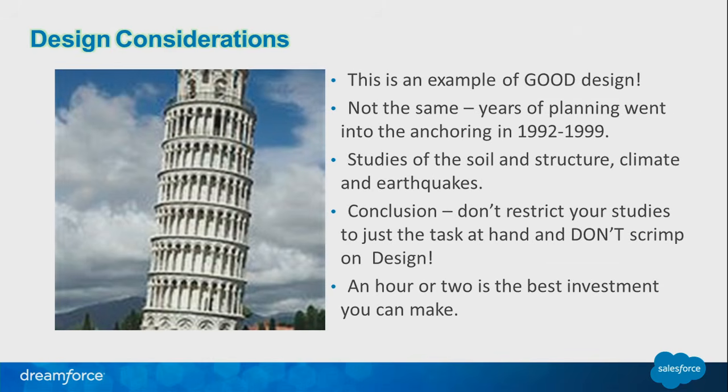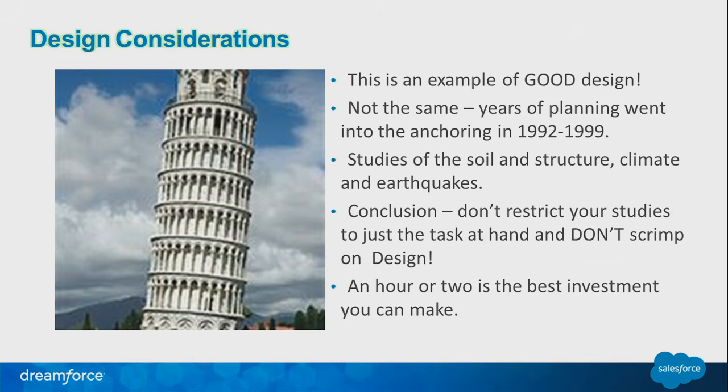This is an example of good design. How did the same fail become a success? Well, it's really not the same. When they decided they needed to stabilize this tower because it was in danger of falling, they spent 7 years making that happen. The first 4 years was all planning. So this just shows you the value of good design.